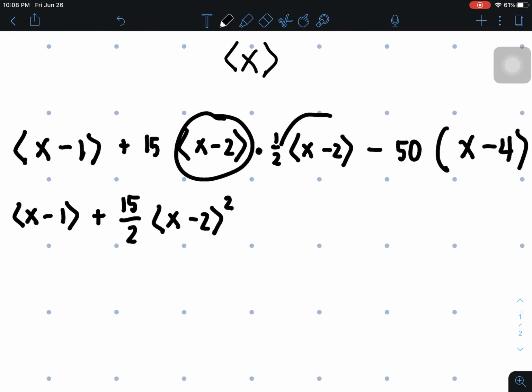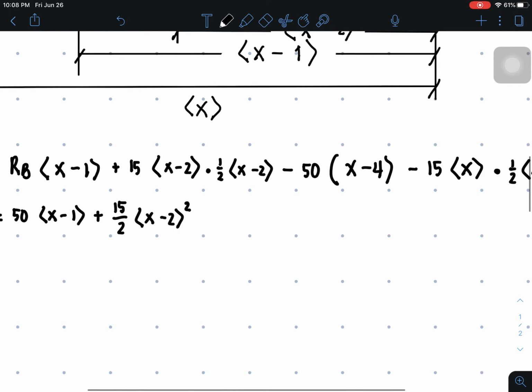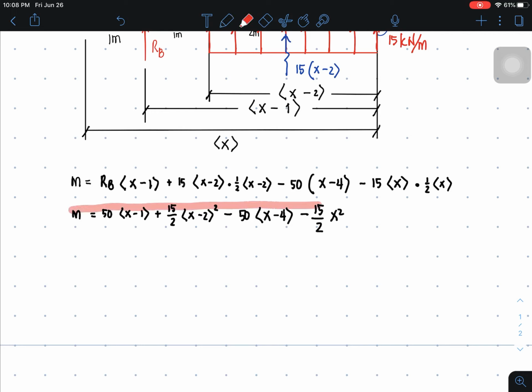Kay collect na nako siya kana. And then minus 50 times x minus 4, then minus 15 over 2, then x squared. So this is our moment equation.